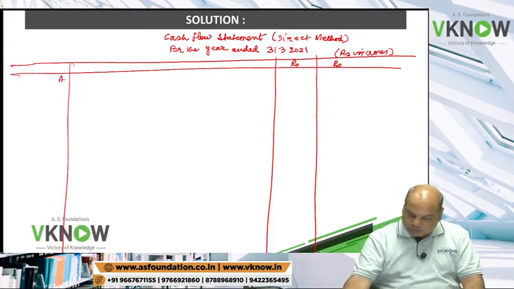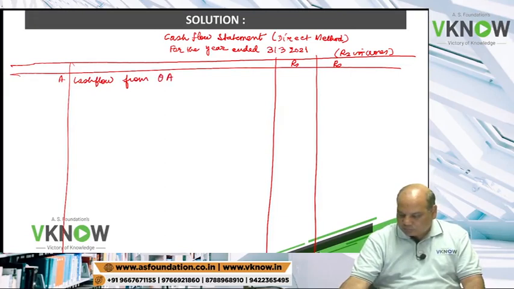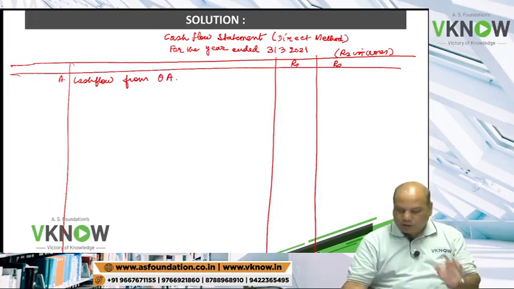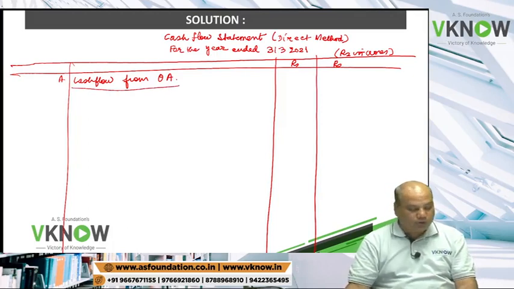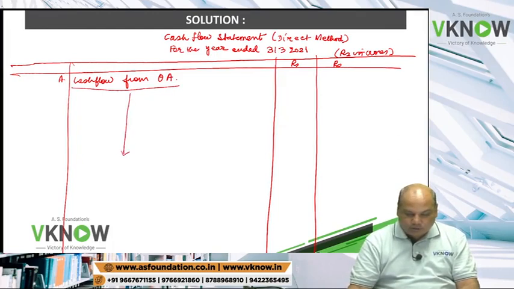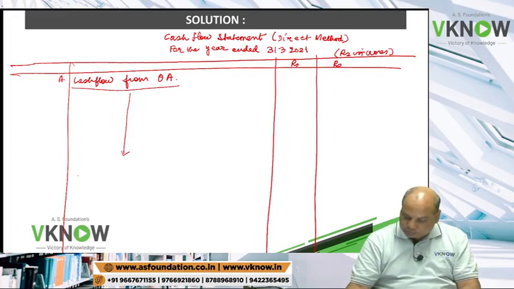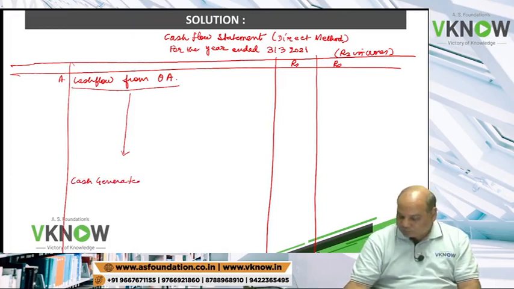Then write point number A, cash flow from operating activities. Keep about 8 lines blank here. Then write cash generated from operations, and we'll have to take a total here.